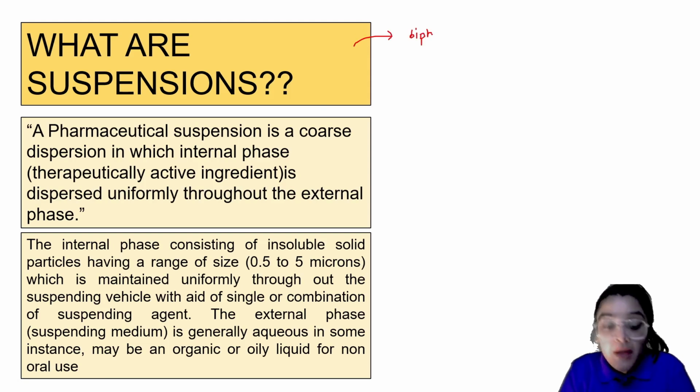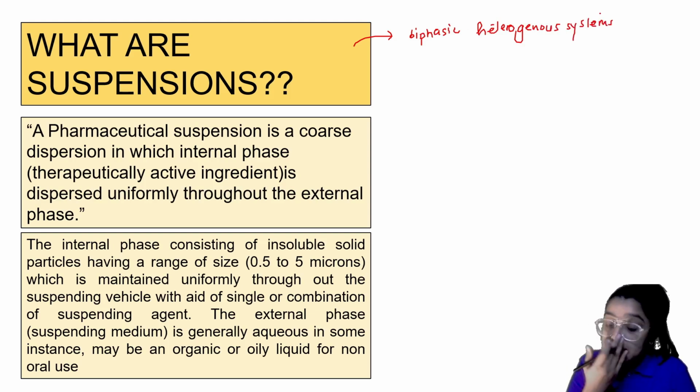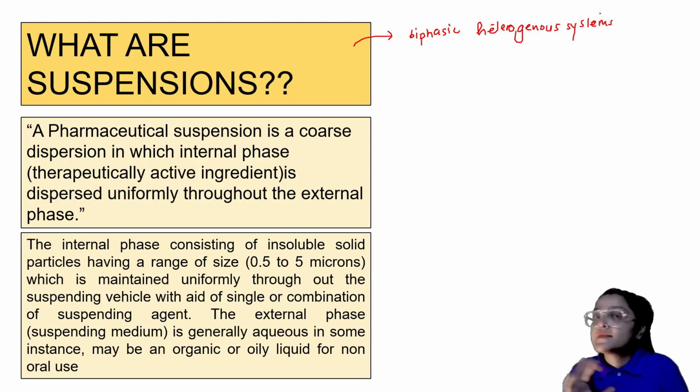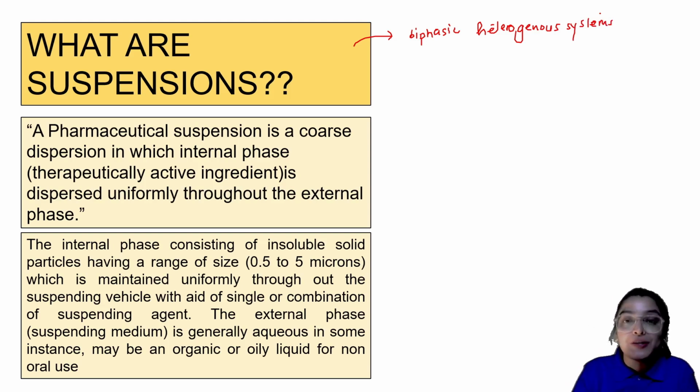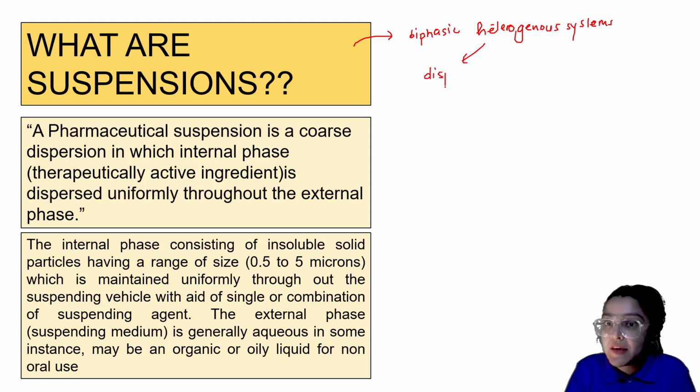Suspensions are biphasic heterogeneous systems, to be more precise, which consist of a dispersed phase and a dispersion medium.